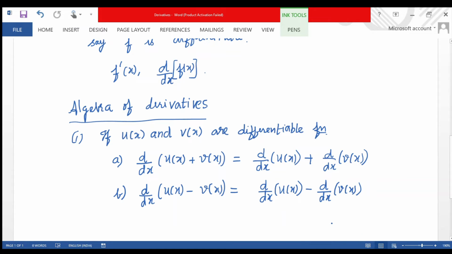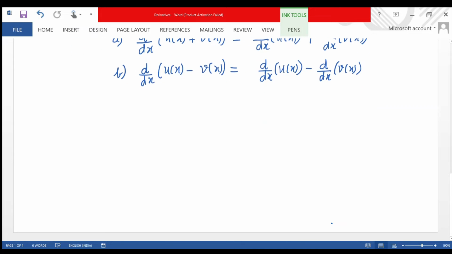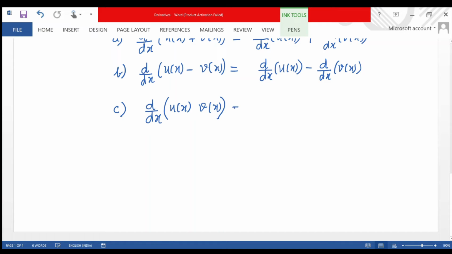Now the third case is if the functions are in the product form, that is the derivative of u of x into v of x, the product of two differentiable functions.